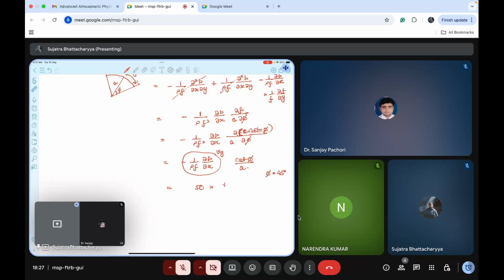So cot 45 is cos by sine: cos 45 is 1 by root 2, sine 45 is 1 by root 2, so if you divide, you will get 1. Divided by the radius, that is 6370 into 10 to the power 3 meters.